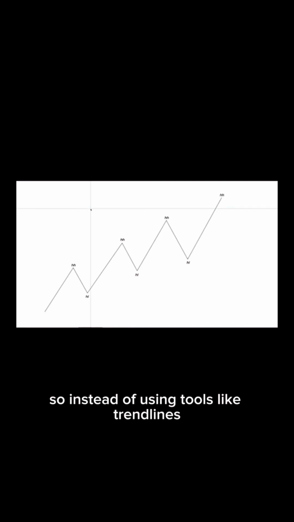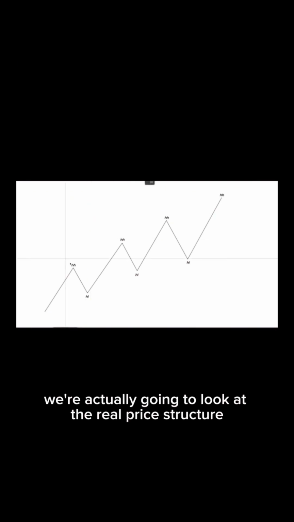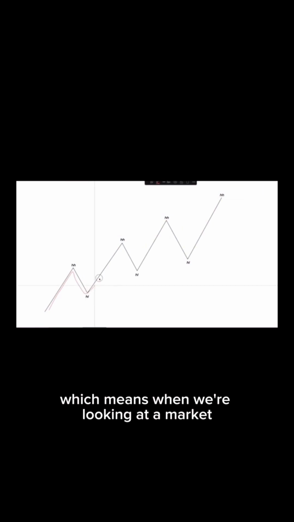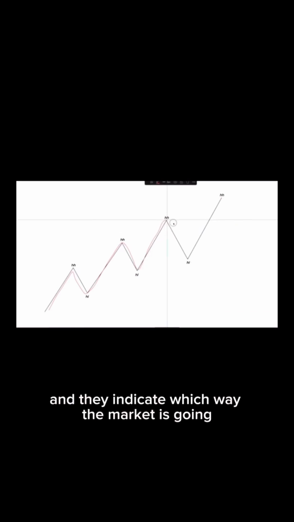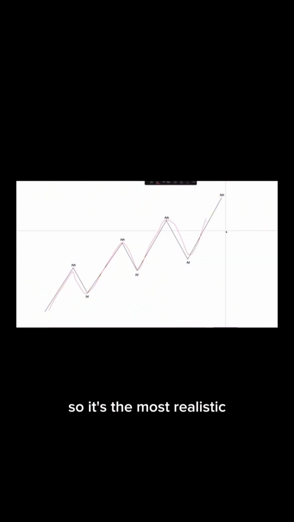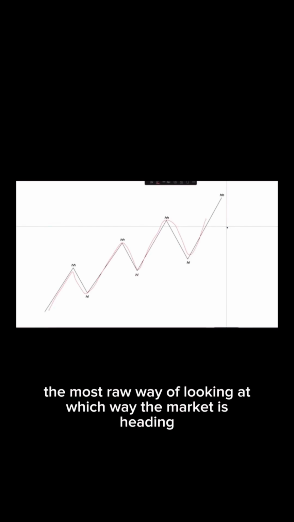So instead of using tools like trend lines, we are actually going to look at the real price structure, which means when we are looking at the market, we want to view the highs and the lows, and they indicate which way the market is going. So it's the most realistic, the most raw way of looking at which way the market is heading.